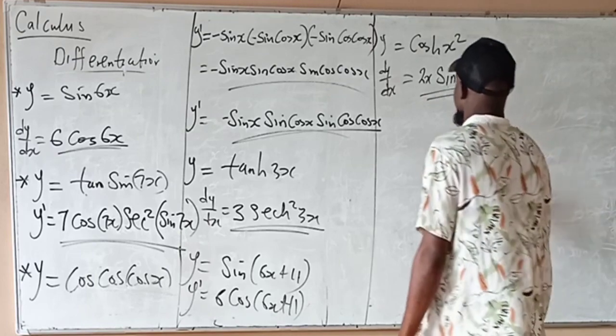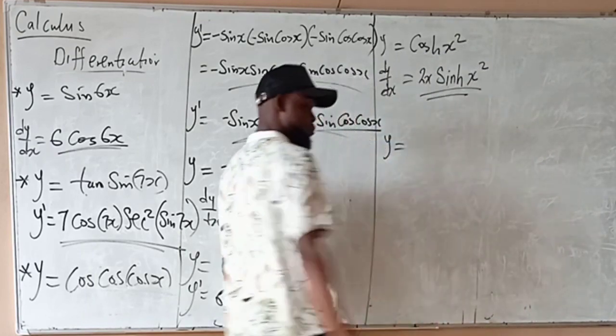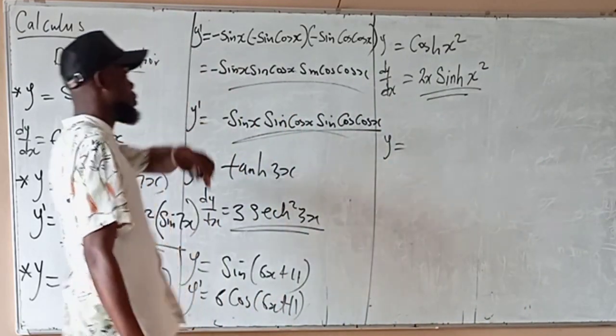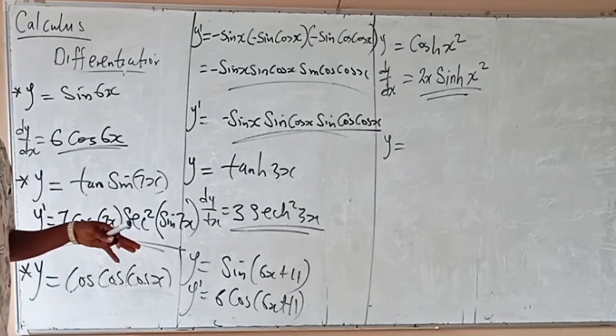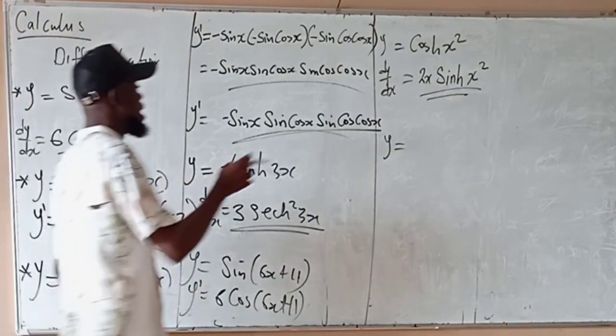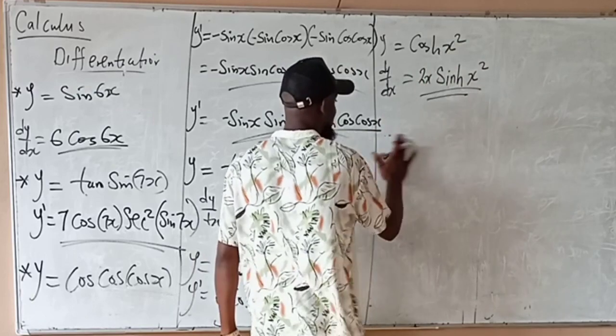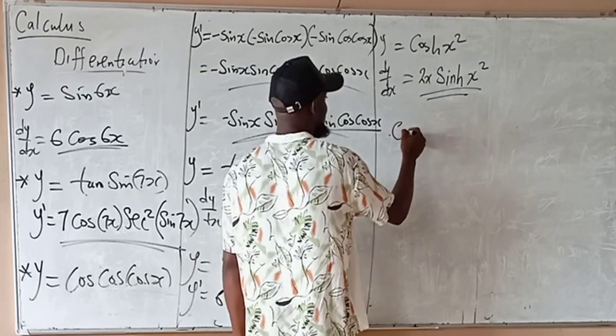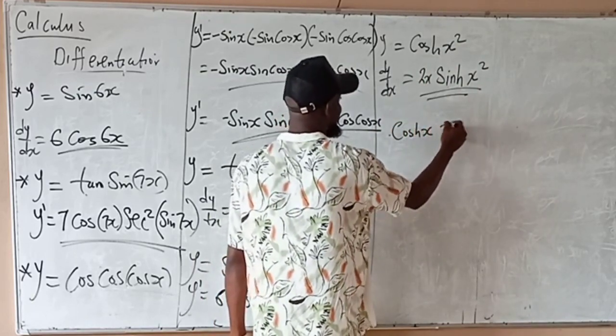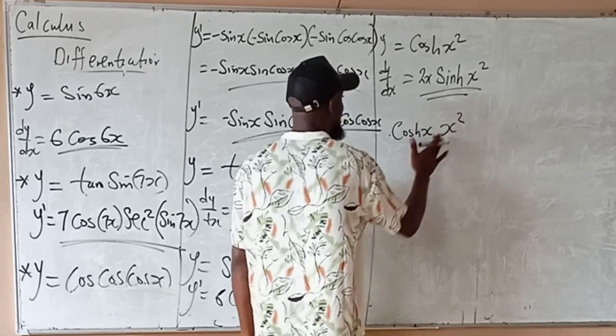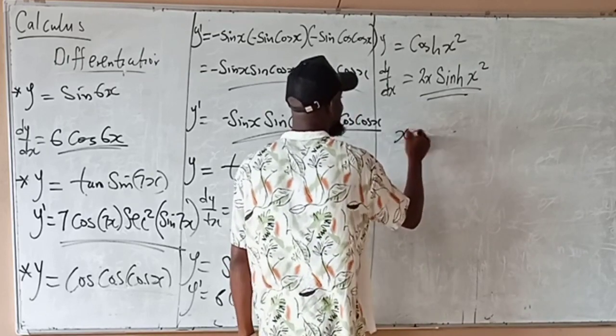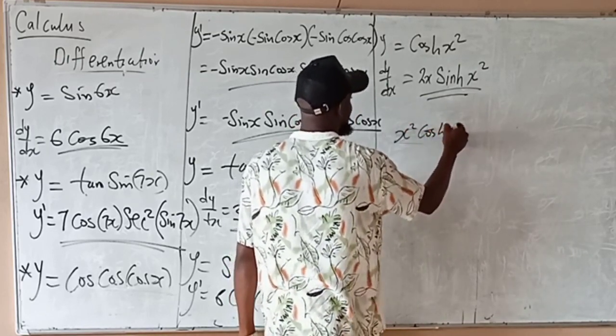Answer. Now let's look at how to differentiate functions like this. For example, let's say we have something like cos x times x squared, or let's write it like this: x squared cos x.